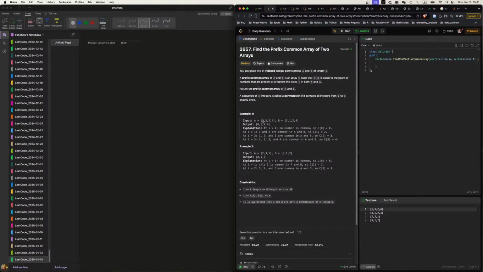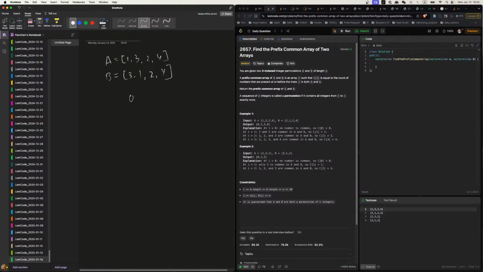Yeah, so at this point it's nothing. At 1 we have 2, at 2 we have 3, and so on. Makes sense, right? If we go with 1, 2, 1, 3, 2, 4 and 3, 1, 2, 4, the common ones are 0 at first, and then the common ones are here.